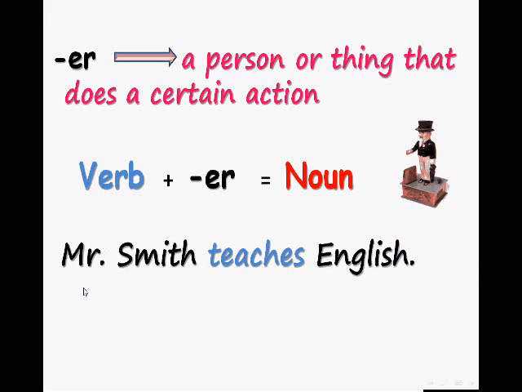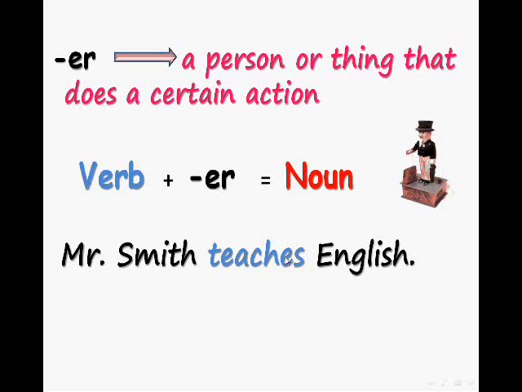And let's look at this sentence. Mr. Smith teaches English. So now here teaches is a verb. So as we said, Mr. Smith teaches English, and of course here teaches is a verb, and we put es because this is present simple tense.